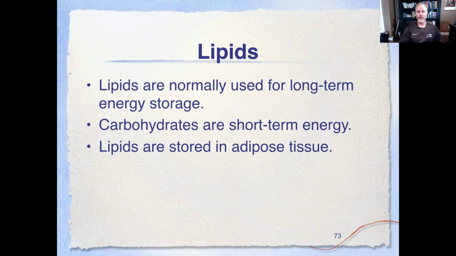Okay. So lipids are generally what animals use as long-term storage for energy. Carbohydrates like glycogen are short-term energy, and these are stored in your liver and muscle, whereas the lipids are stored in adipose tissue, which is made up of adipocytes. These are just fat cells, basically.